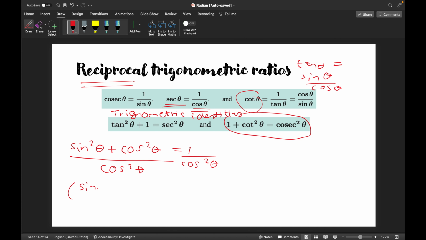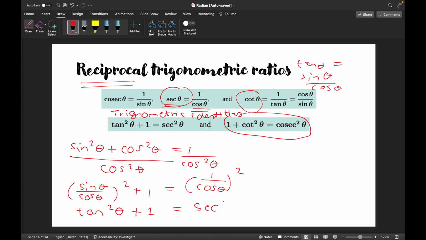We can write this as sine theta by cos theta whole squared plus 1, because cos squared theta divided by cos squared theta is 1. And we have 1 plus cos theta whole squared. So we know that sine by cos is tan. So it's going to be tan squared theta plus 1 equals to what's 1 by cos theta? Secant theta. So this is going to be secant squared theta. So this is how we derive the identity. So we derived this one too.